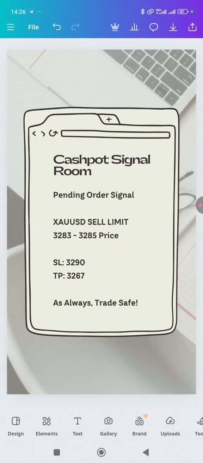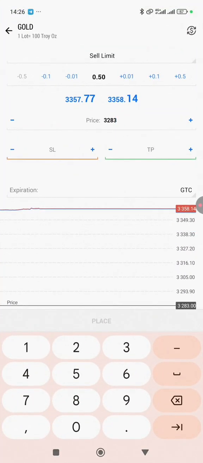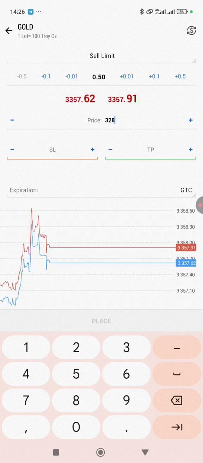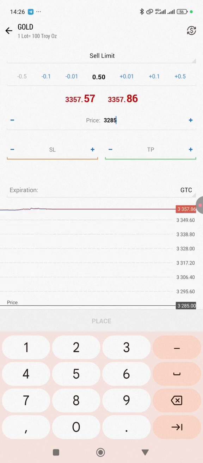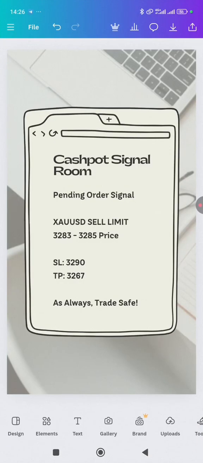3283, between this price. So I'm setting my own sell to be 3285. Let me set mine to be 3285, because that's 20 pips distance from 3283. So now I've set the price that when gold gets to 3285, then sell. But now I want my stop loss to be 3290.